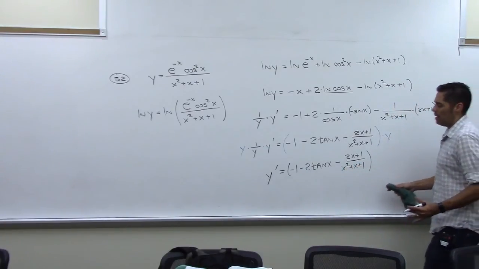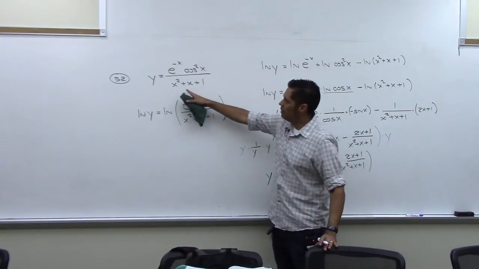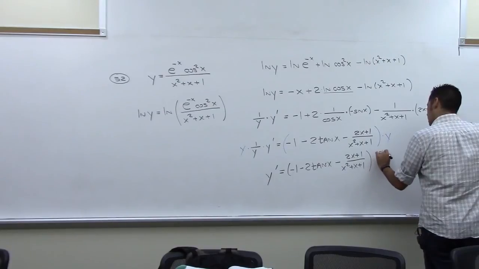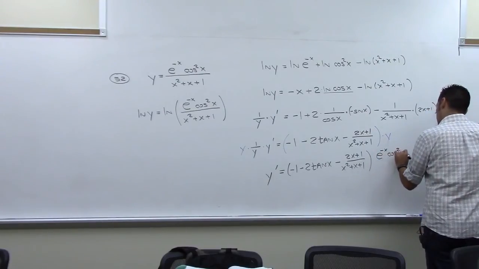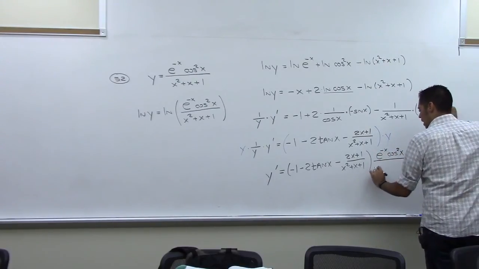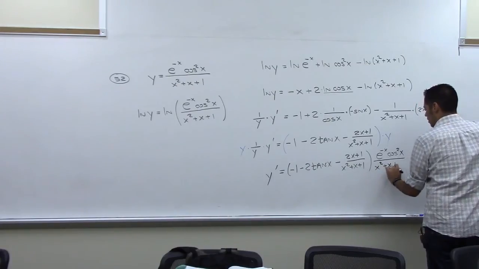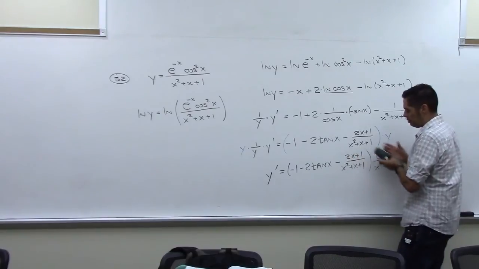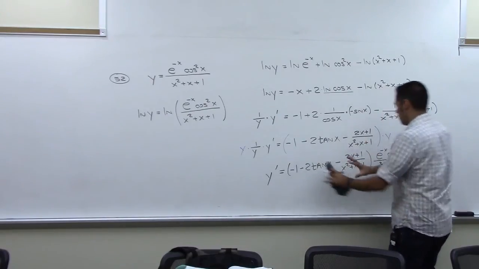But what is y? Well, that's y. So I'm going to write that big ugly thing right here: e to the negative x cosine squared x all over x squared plus x plus 1. I'd have to take that and distribute it through, boom, boom, boom, but I'm just going to leave it like that.